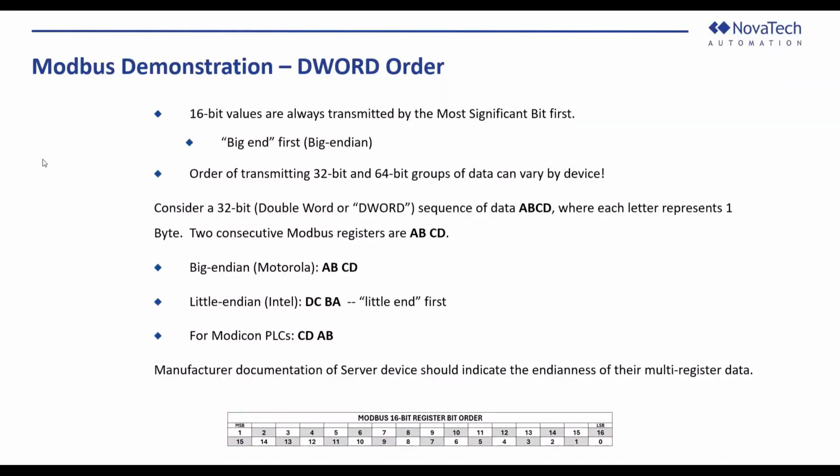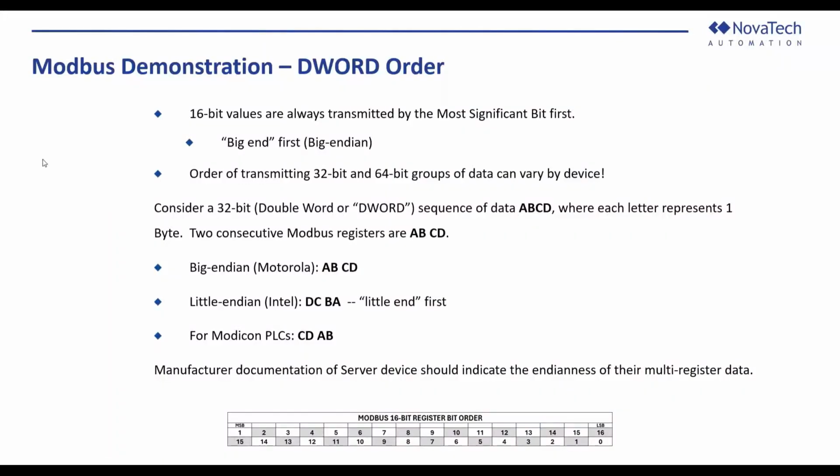So if we take, for example, a 32-bit value, each byte, a byte being 8 bits, constitutes part of the sequence of data. We will refer to each byte as a letter: A, B, C, D. So if that data gets sent as A, B, C, D, the big endian way to present it would be not changed.